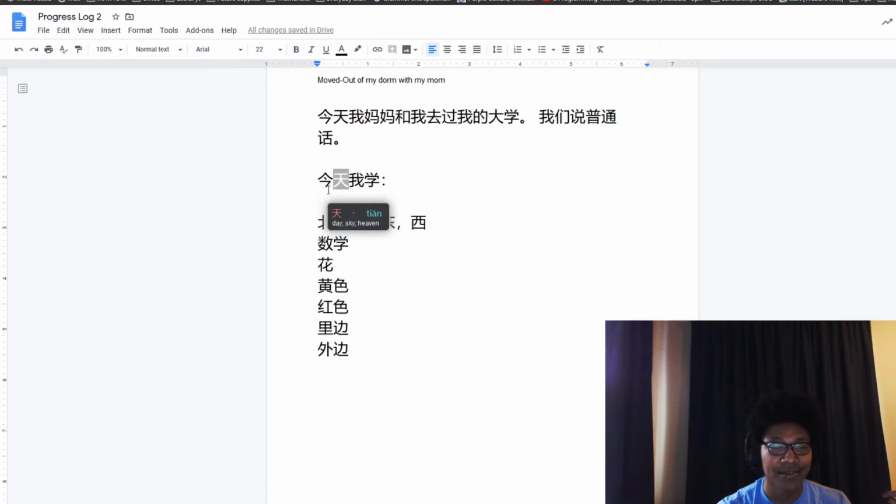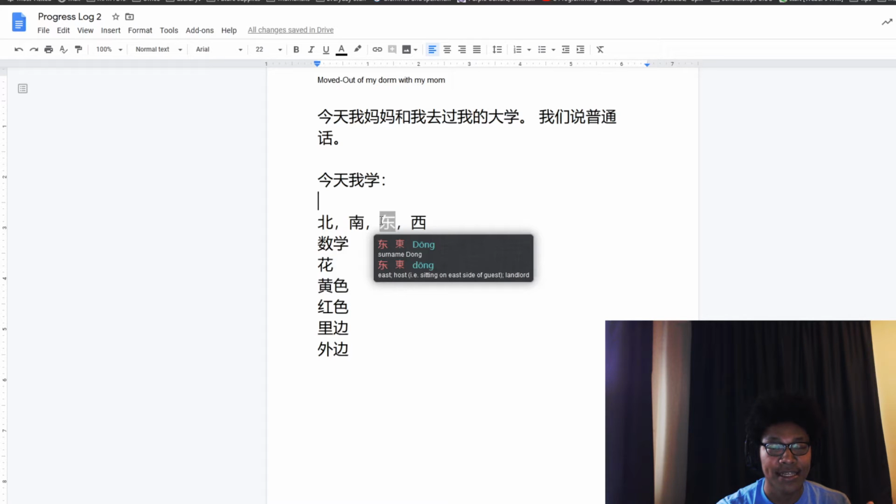These are all just random things that my mother was telling me in the car, and things that I remembered that she told me. There are a lot of details, but here's what I remembered. 北 for north, 南 for south, 东 is east.